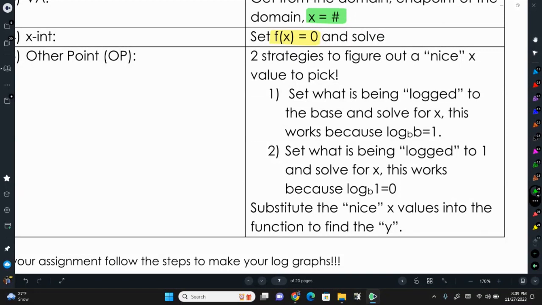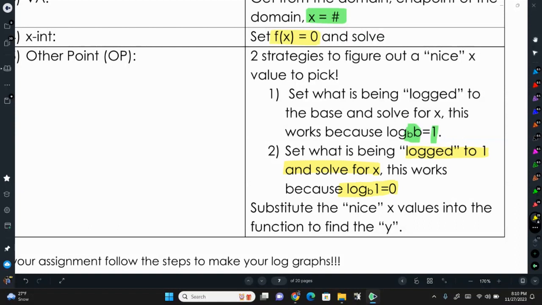This works because if we have the same base and the same other number, it equals 1. So that's one strategy. Or you can set what's being logged equal to 1, and then that will give us a point to plug in because log base b of 1 is equal to 0.